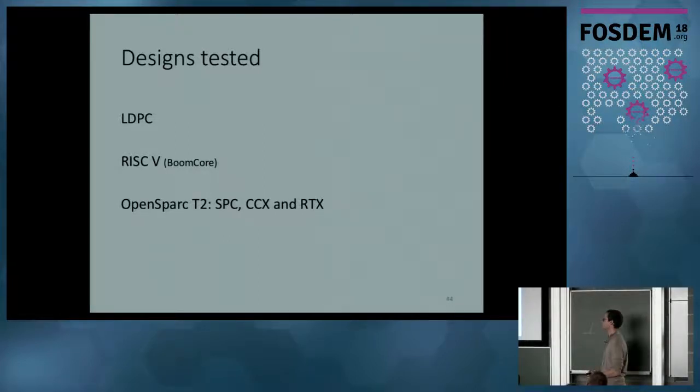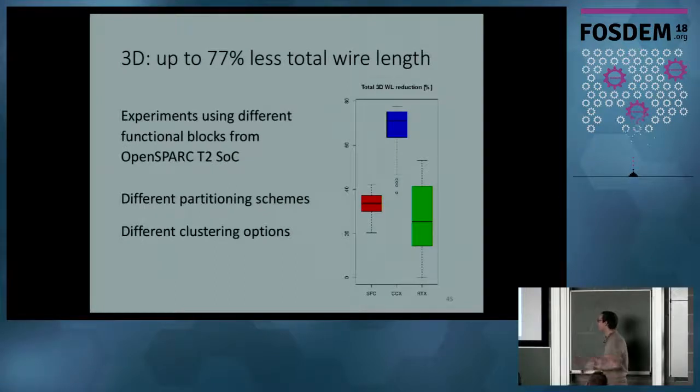And talking about robustness, well, yes and no, actually. What you can hope for using this flow on these particular designs is to gain up to 77% in total wire length reduction when going 3D. But you can see that it heavily depends on the design that is tested. The crossbar highly benefits from it, but the Ethernet module, in green on the right, can go down to 0% of gain, so you just lose some performance.